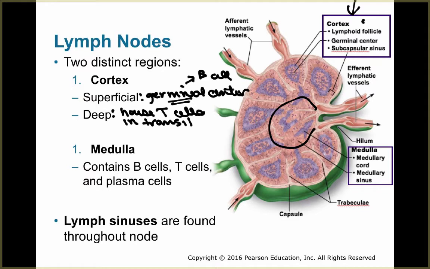And the medulla essentially is going to contain B cells, T cells, and plasma cells. And you can see here that this area right here is what's known as the medullary cord, and the pink area around it is the medullary sinus.